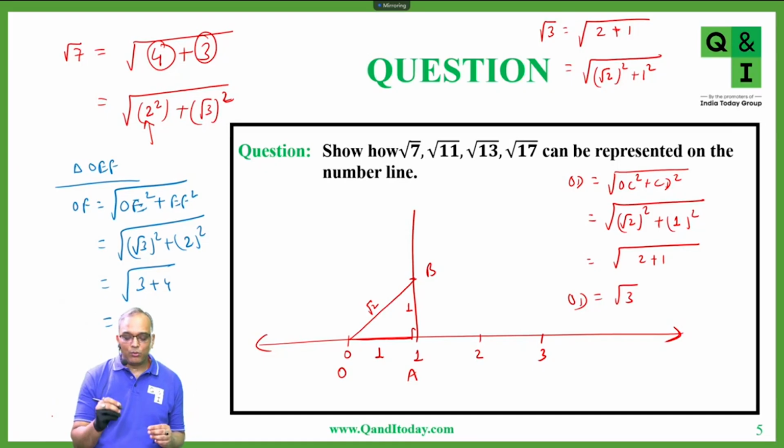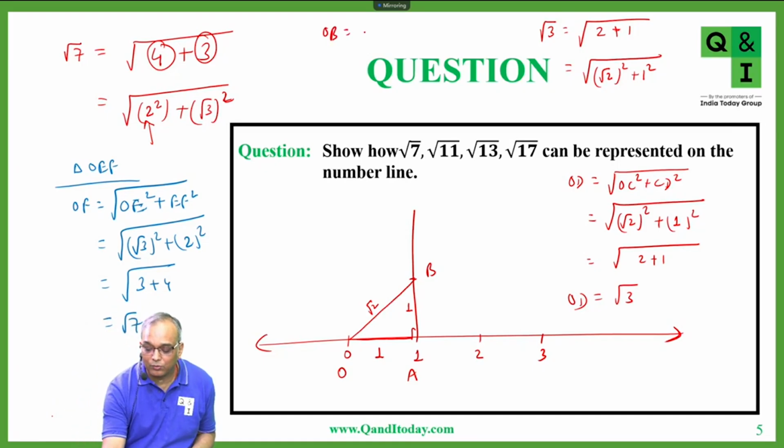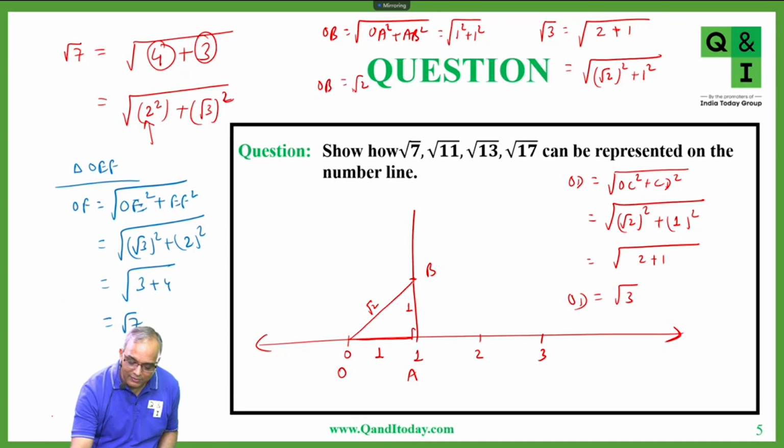Because if you have to find the length of OB, this is root under OA square plus AB square, which is equal to root under 1 square plus 1 square. So this is equal to square root of 2. So once you have got root 2, we are going to draw an arc here.